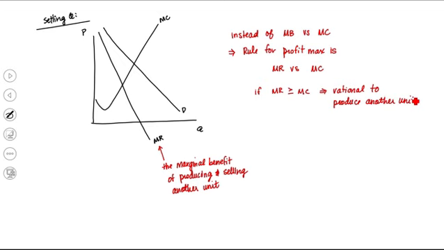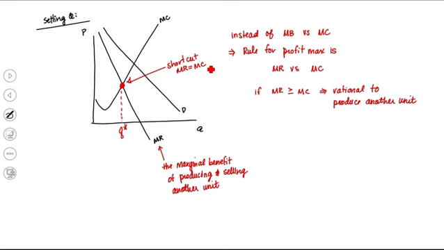So our shortcut rule puts us right here. The shortcut: marginal revenue equals marginal cost, just like marginal benefit equals marginal cost in perfect competition. It's the same thing, right?